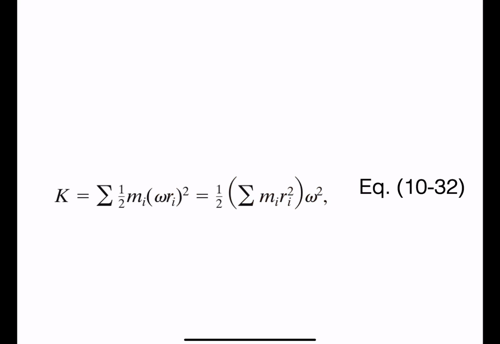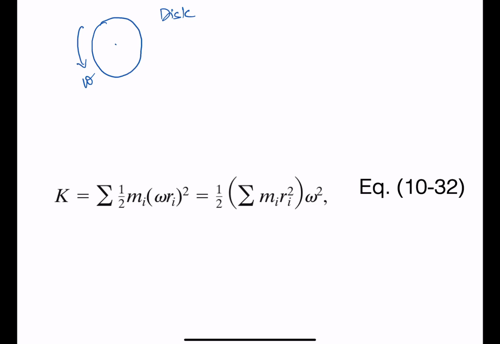All right. So let's say we have a wheel, a disc, that is rotating in a counterclockwise direction. Omega is in a counterclockwise direction.